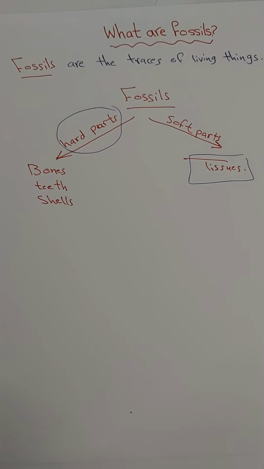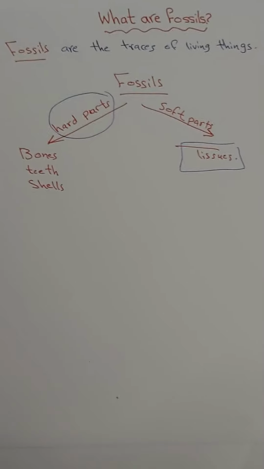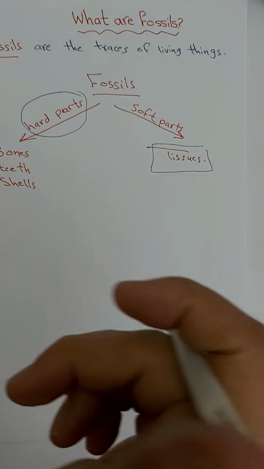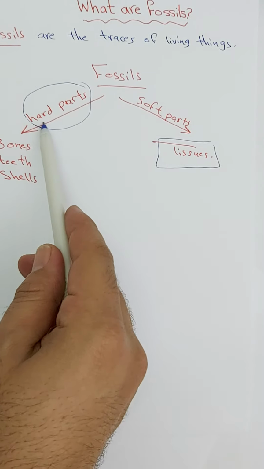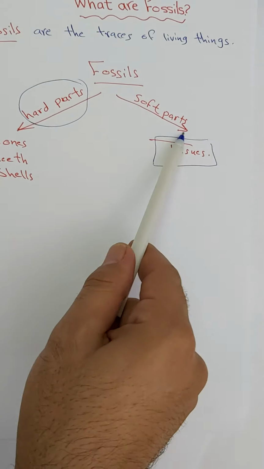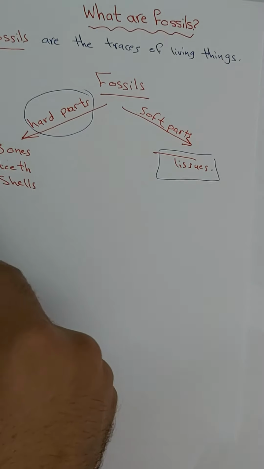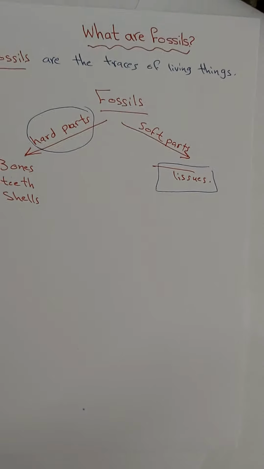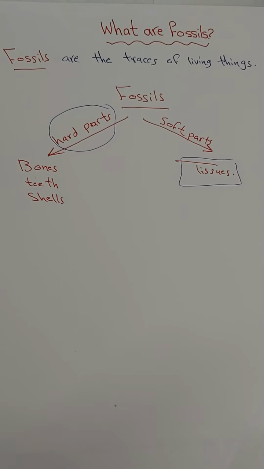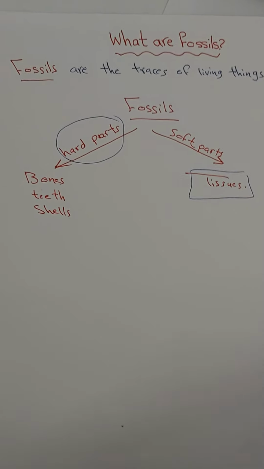Fossils can be made up of hard parts of organisms or soft parts of organisms. Hard parts, like only the bones, like the fossil of this fish, or by soft parts, like what?